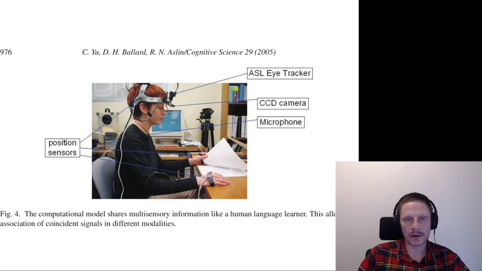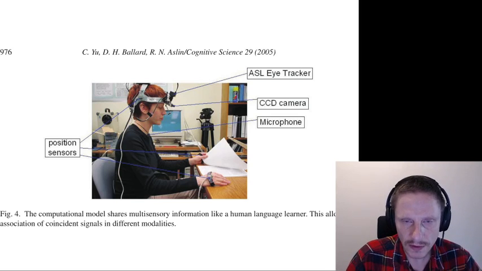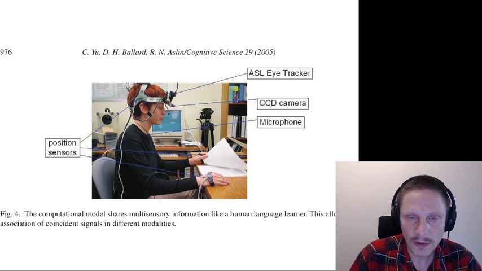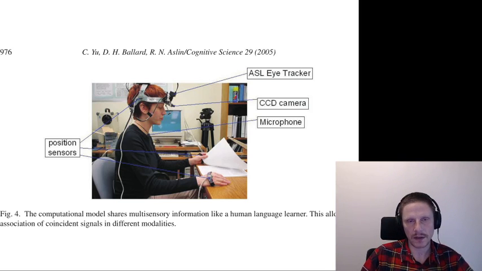This is a figure from the paper which illustrates how the data was collected. There was a camera, a microphone, a number of sensors, and this participant is, I'm not sure what exactly they are doing here, whether this is already part of the data collection or they are just going through some instructions or something. But anyway, that's roughly the setup that they use.